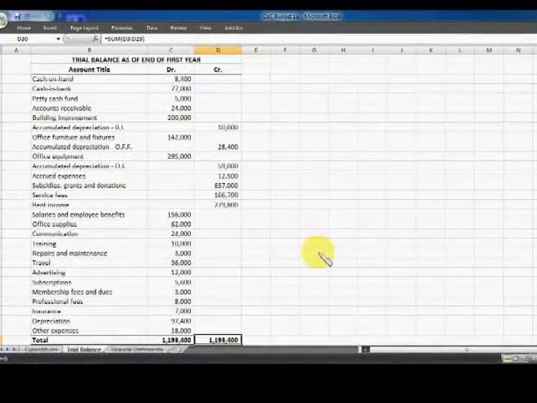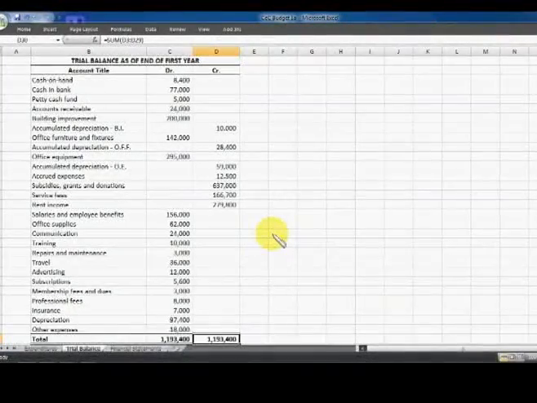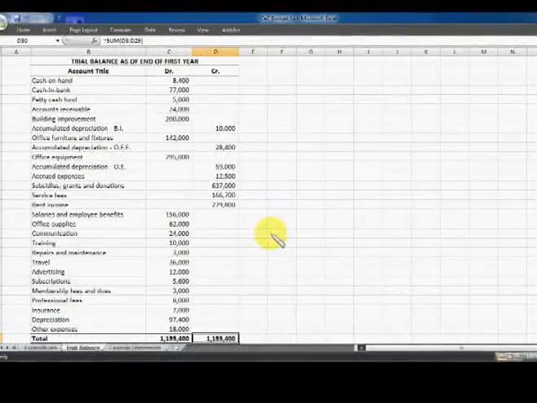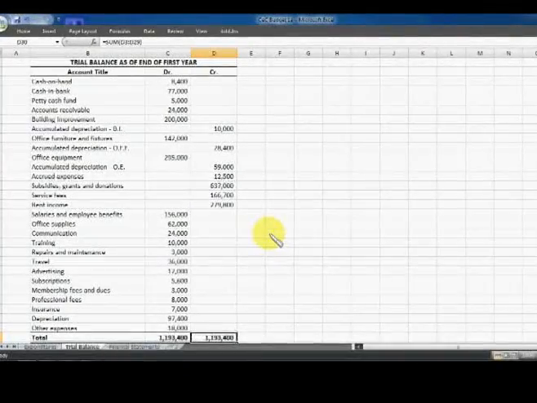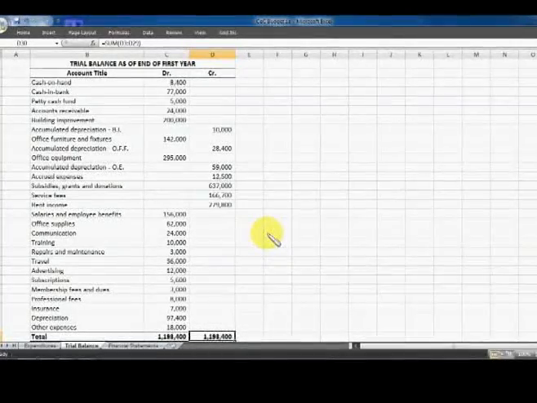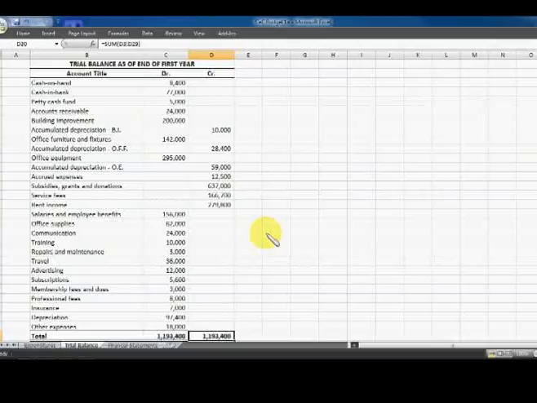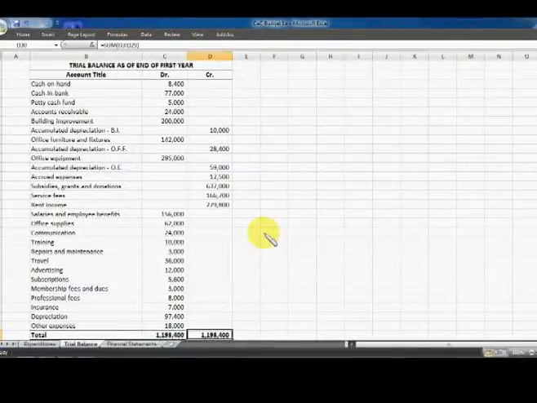For example, these adjusting entries could be adjustment for accrued revenues, accrued expenses, prepaid expenses, prepaid or pre-collected revenues, adjustment for depreciation if it has not been made, or adjustment also of year-end inventory.